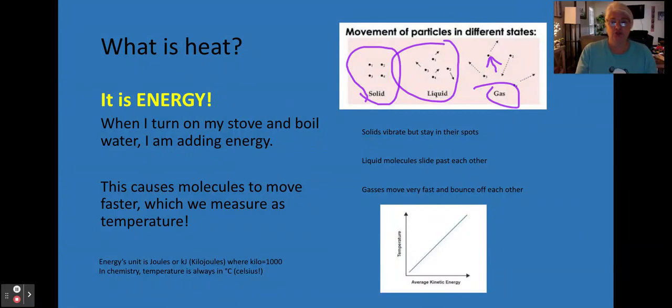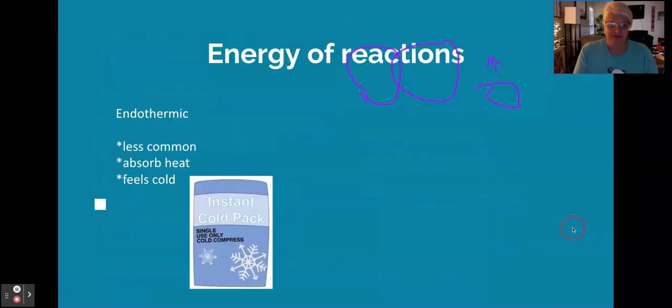It's pronounced joules, not Juul. Because it's a large number in chemistry, we tend to use kilojoules. The prefix kilo stands for 1,000, so a kilojoule would be 1,000 joules. And in chemistry, around the world, we use Celsius. So no more Fahrenheit. We only use Celsius.